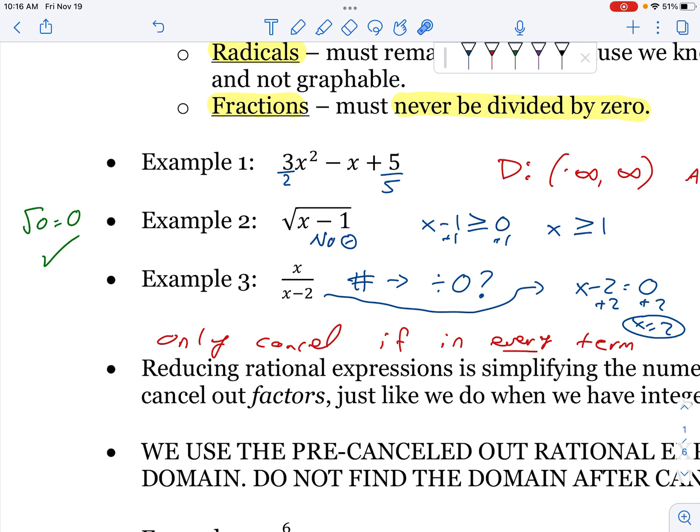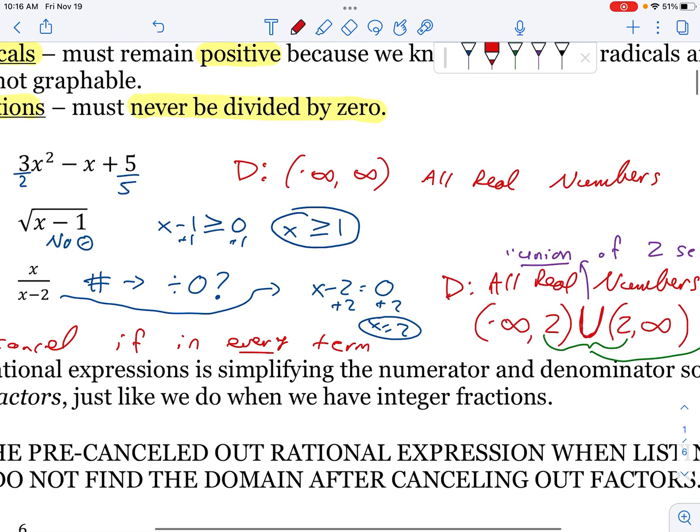Plug in 2 minus 1 is 1. All good. If I plug in 0, I get a negative number, so that's no good. I got to be at least 1 or larger. We know how to transform that into interval notation. We've done that a lot. It's greater than or equal to 1. 1 or larger. Always get a soft bracket on the infinity.